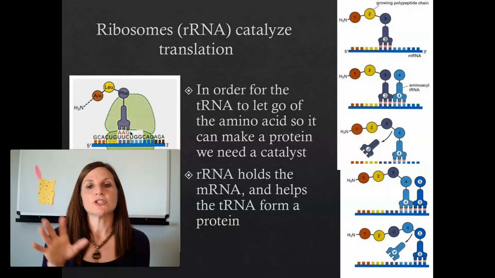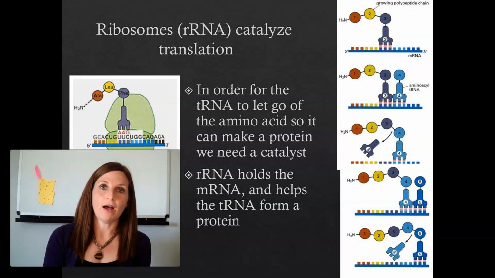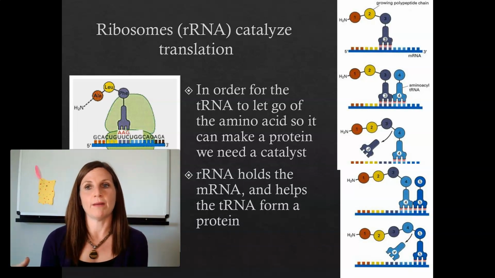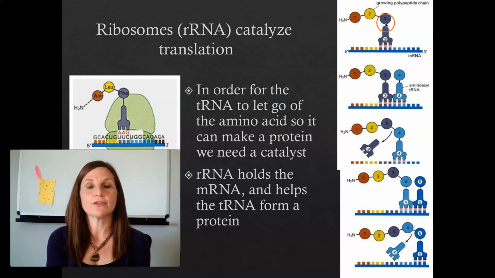So each tRNA needs to both break a bond and form a bond in order to keep the polypeptide growing. So we're going to look over here at this growing polypeptide chain. At the moment, we have 1, 2, 3 amino acids in our polypeptide chain. What we're going to see happen next is a new tRNA is going to come in and its anticodon is going to match the codon here.